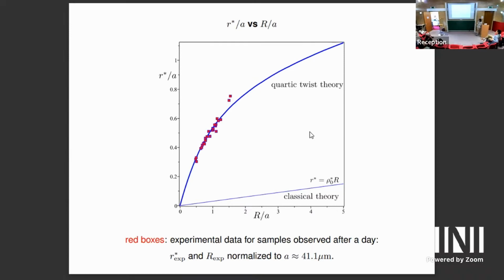And I tried to apply all the arguments to these cases, where now the experimental radius and the radius of the cavity observed experimentally are normalized to the estimate of A we have provided for samples newly done, and also for samples observed after 2 days.